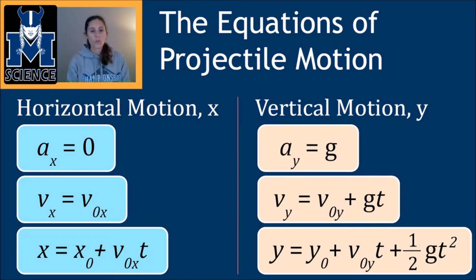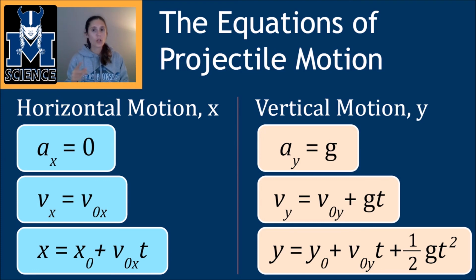We have a simple equation to tell us the horizontal displacement of the object as a function of time and the initial velocity. In the y direction, the equation is a little bit more complicated, but it's the same one we've been working with, where our vertical position equals the initial position plus the initial vertical velocity times time plus 1/2 gt squared.